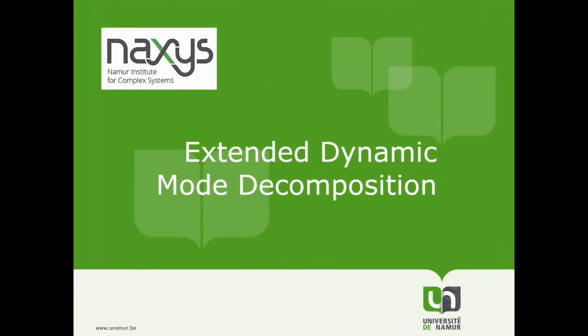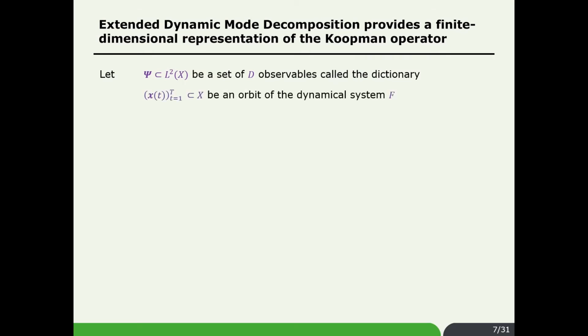Extended Dynamic Mode Decomposition. The Extended Dynamic Mode Decomposition, EDMD for close friends, provides a finite-dimensional representation of the Koopman operator. But how? Let us consider a set of observables called the dictionary and an orbit of the dynamical system.